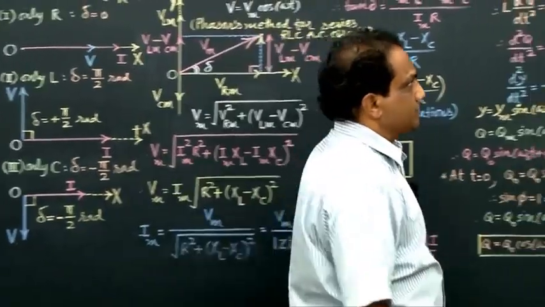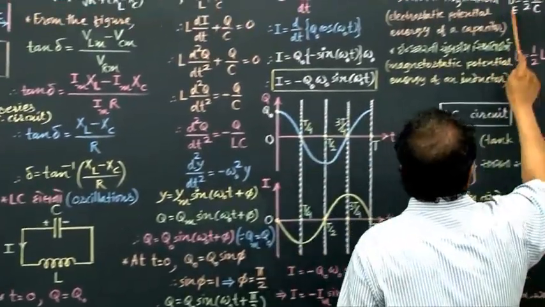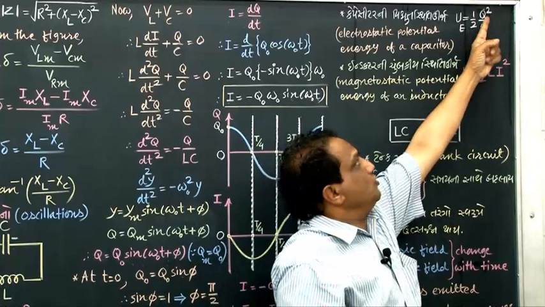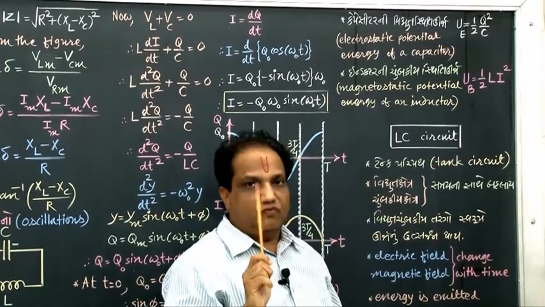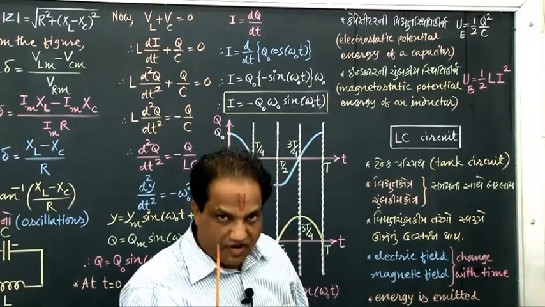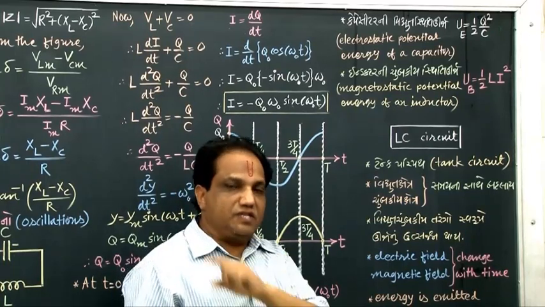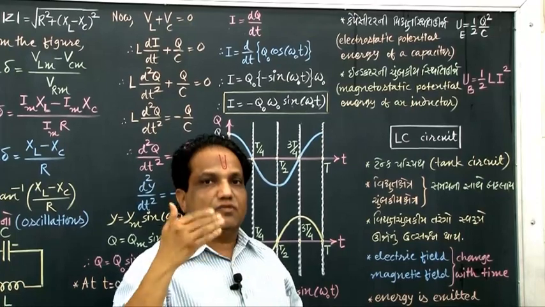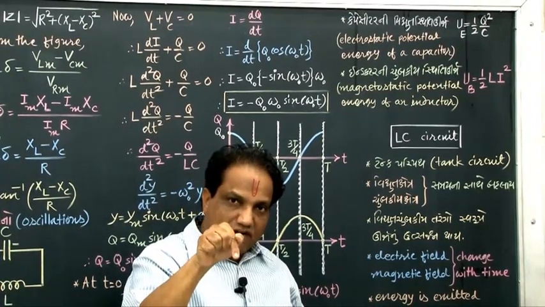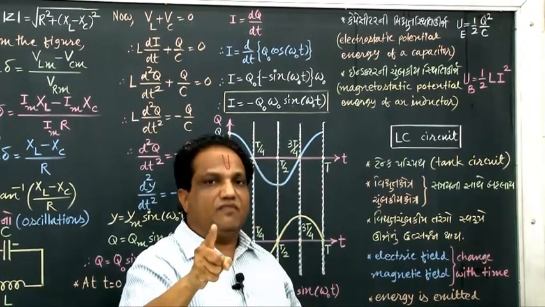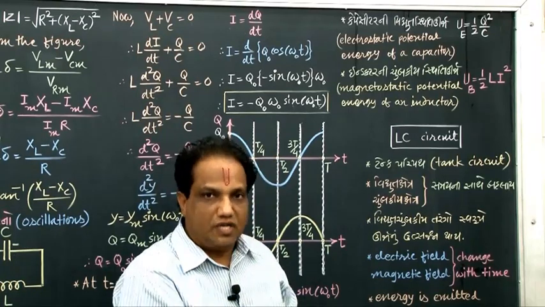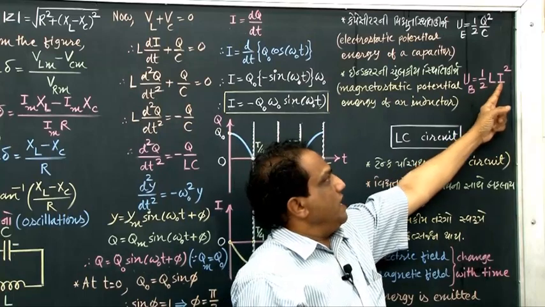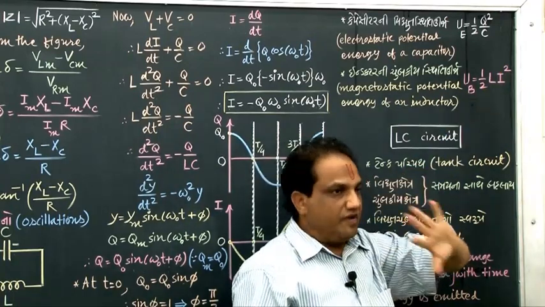The formula, studied in third semester, is U equals 1 by 2 q square upon C. And in the first chapter you have studied that when current is passing through an inductor, it develops a magnetic field, and in that magnetic field, energy is stored in the form of magnetostatic potential energy. The formula was U_B equals 1 by 2 L i square.